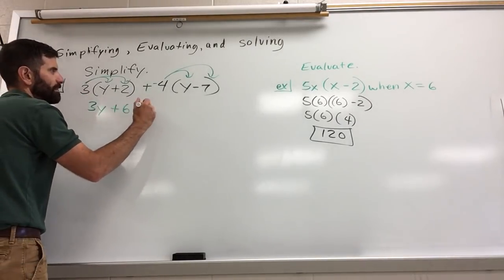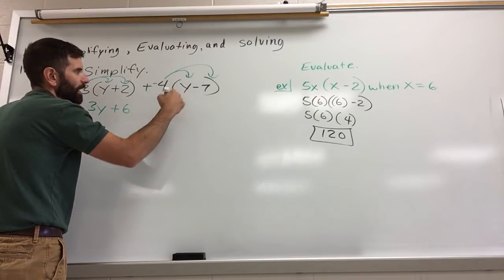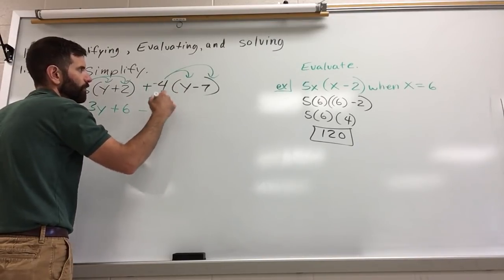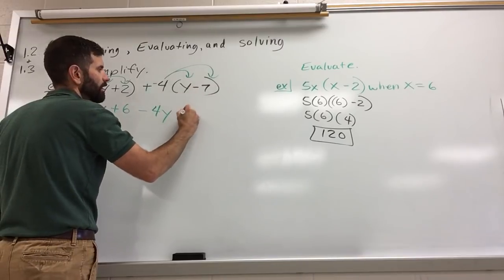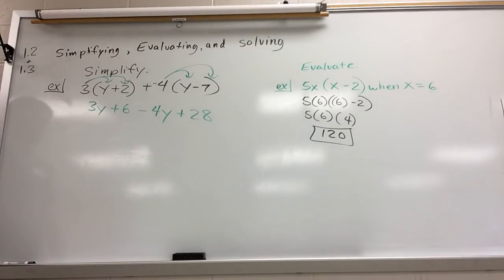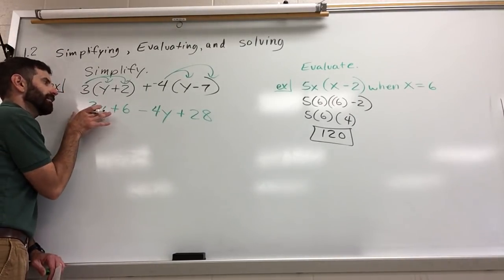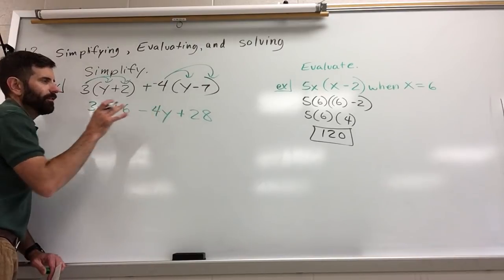3y plus 6, and then plus, and then it'll be negative 4y. So I'll go ahead and write minus 4y. Negative times a negative, 28. Now from there, we combine like terms. We've got like terms finally. We've got a 3y and a negative 4y.